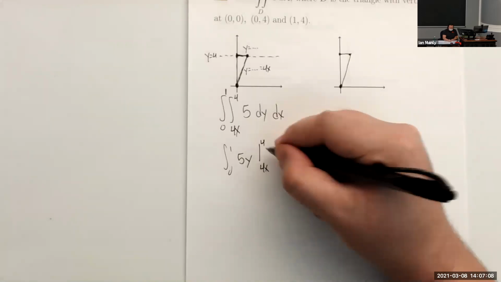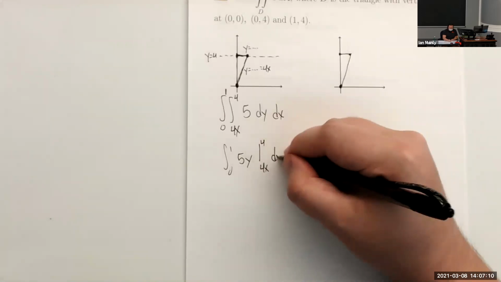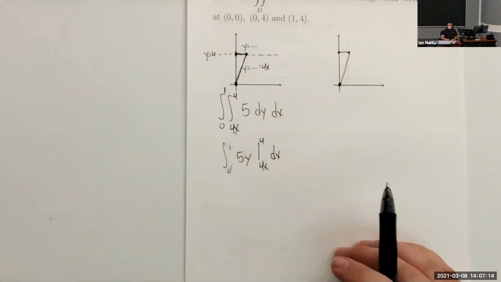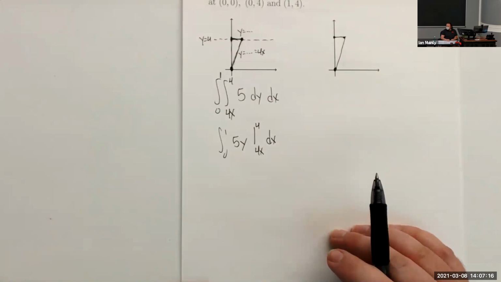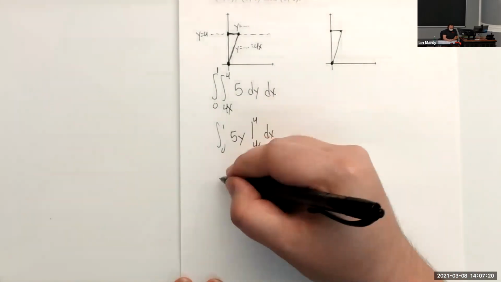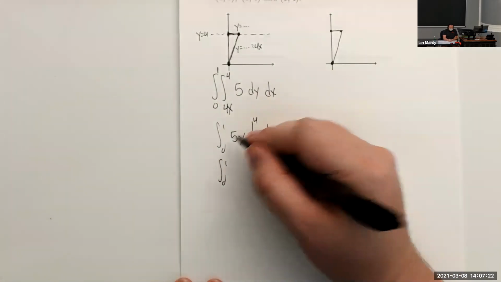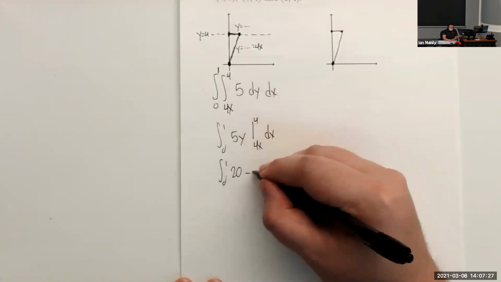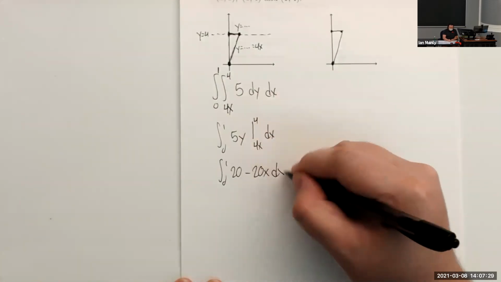Now for my bounds, I have 4x and 4. Even though these are functions now, we still plug them in exactly the same way that we would previously. So we plug 4 into here. 4 times 5 is 20. And then we subtract and plug 4x into here, and we have 20x.